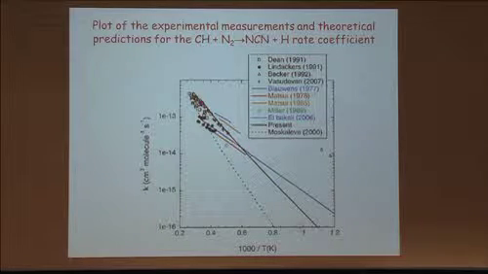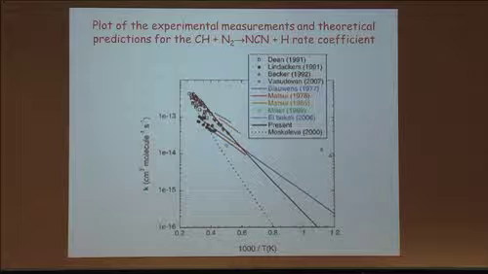So the theory is agreeing really very well with these higher values for the shock tube measurements up here, but which extrapolate to lower values for the overall rate coefficient in the region that's important in terms of prompt NOx formation.